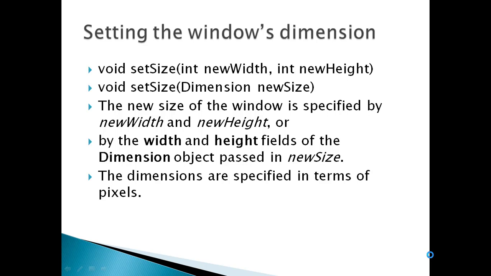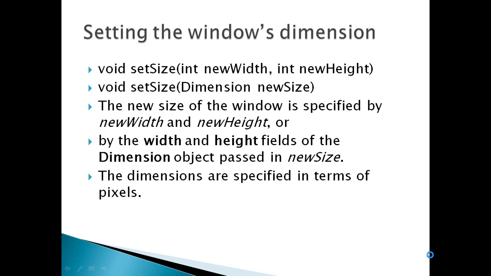The Dimension class is there. By using this Dimension class we can set the new width and new height for the window. The new size of the window is specified by newWidth and newHeight, or by the width and height fields of the Dimension object passed in newSize.